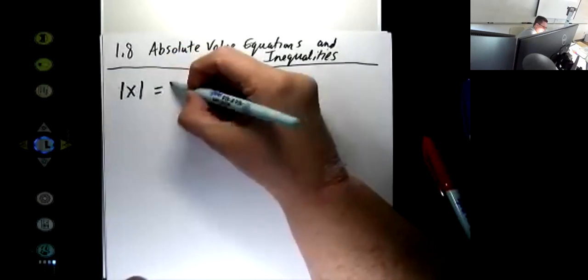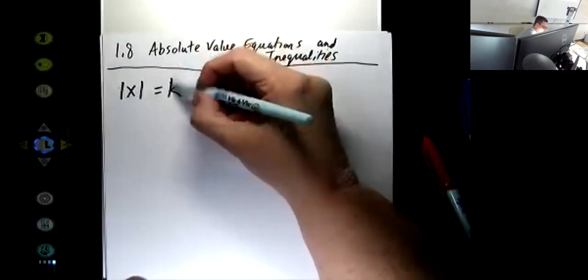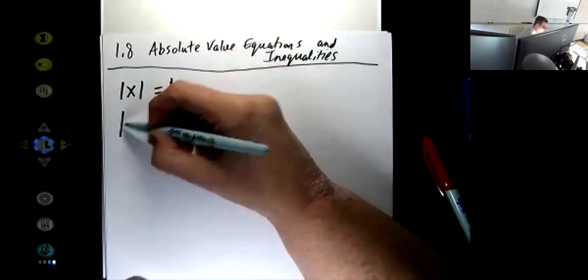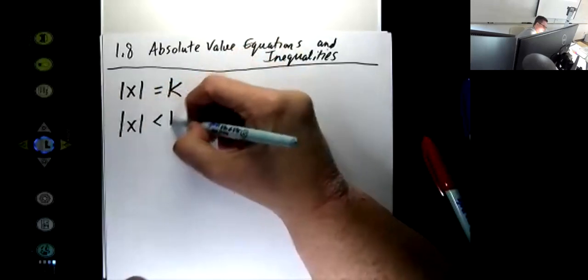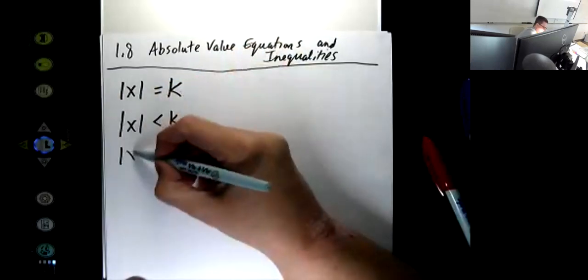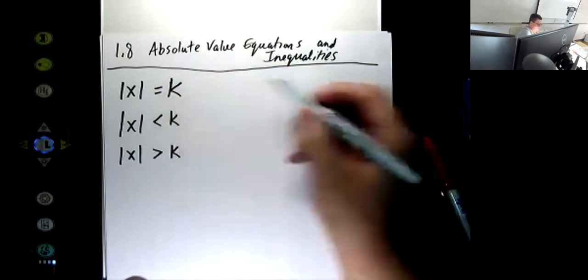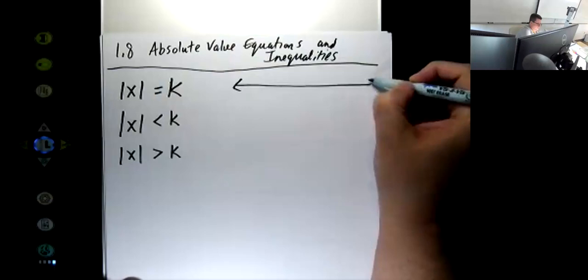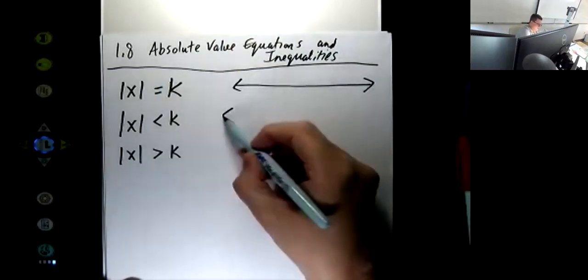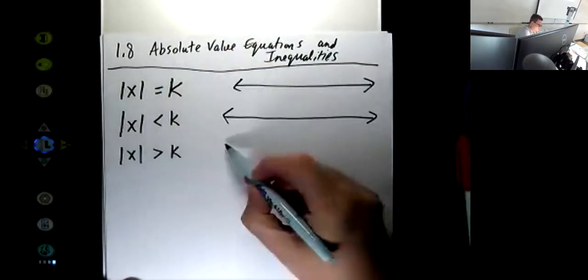So we got 3 cases, I'll just start with the basic version here. Absolute value of x equals k. Absolute value of x is less than k. And absolute value of x is greater than k. And we'll look at solutions for each of these.